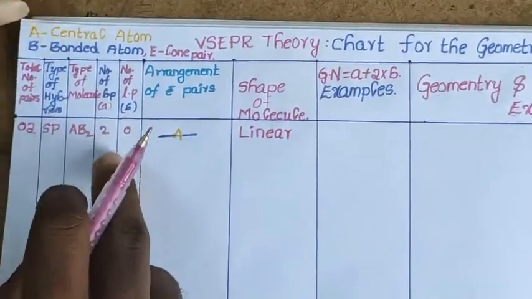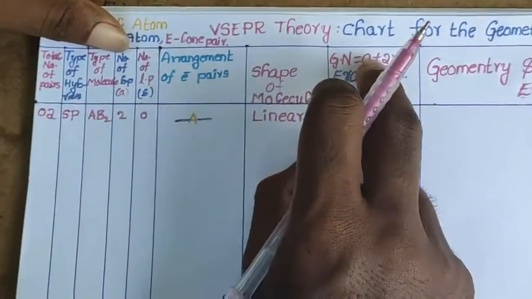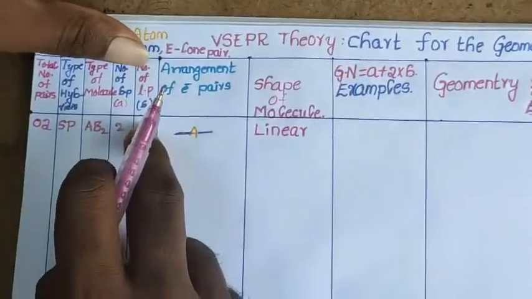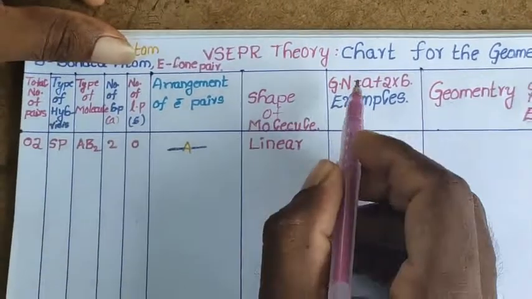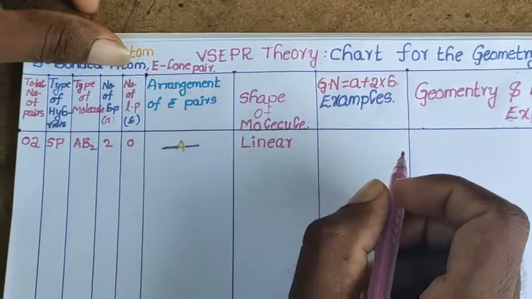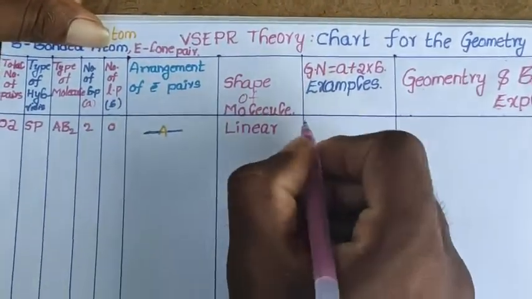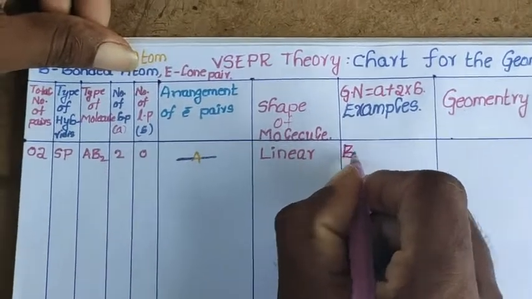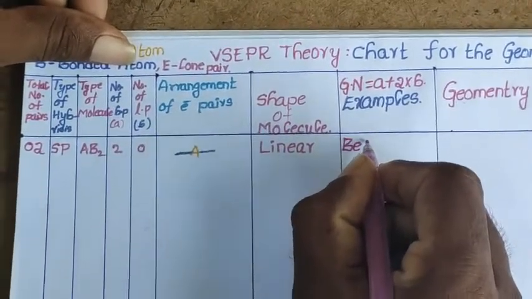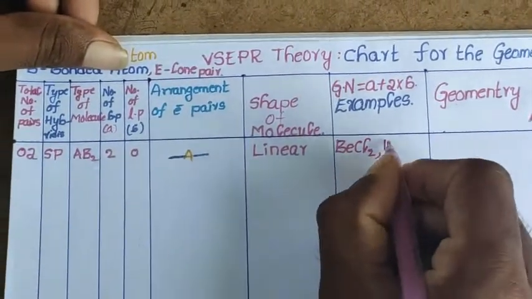In AB2, bond pairs are 2. So 2 plus 2 into 0. What group number comes there? 2. Group number 2 means the second group, which means beryllium. The central atom is Be: BeCl2 or BeH2.